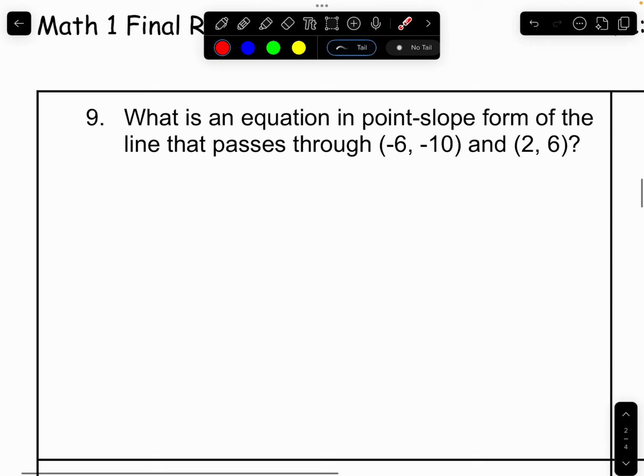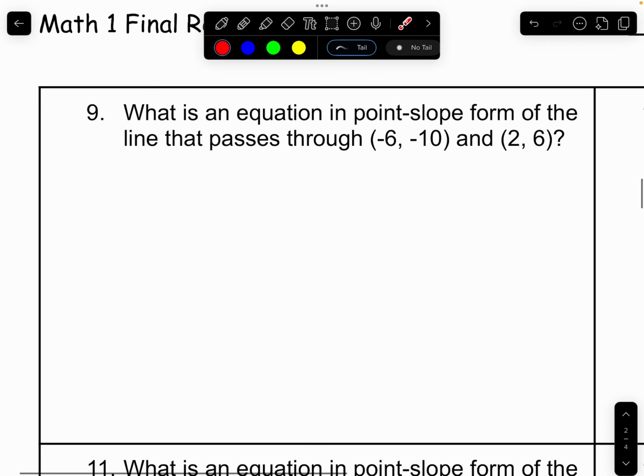Let's do number 9. What is an equation in point slope form of a line that passes through (-6, -10) and (2, 6)? Let's remind ourselves of the point slope form.